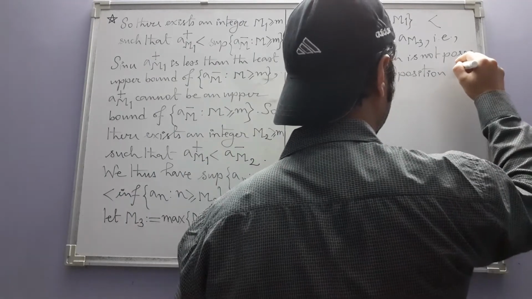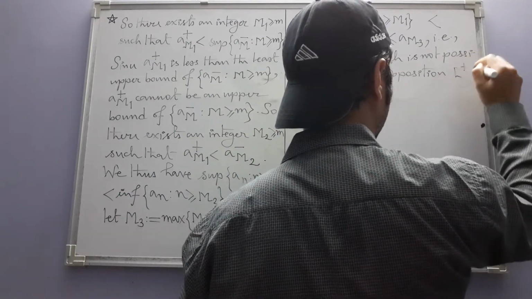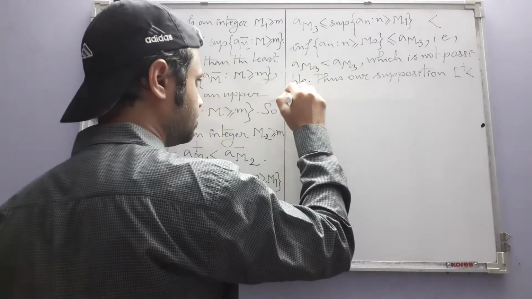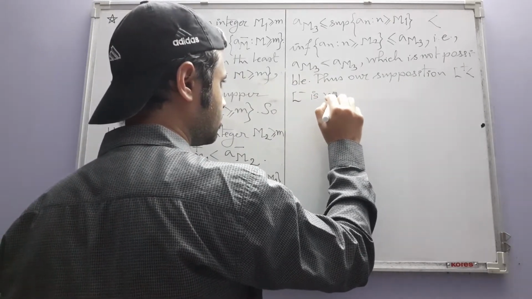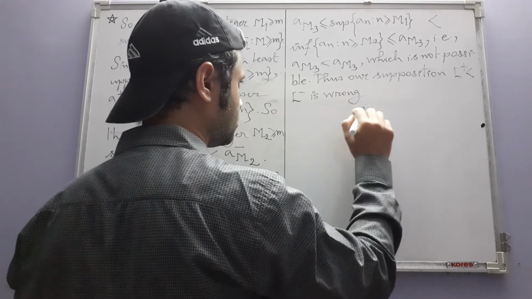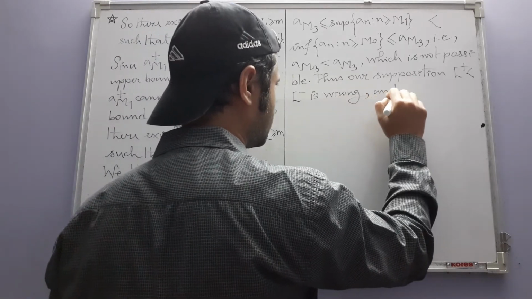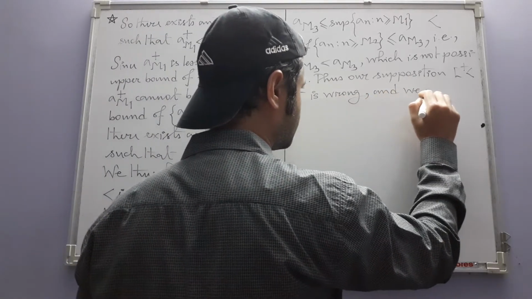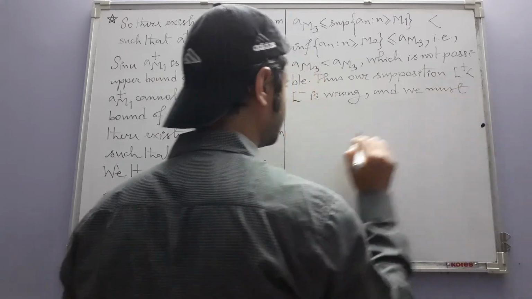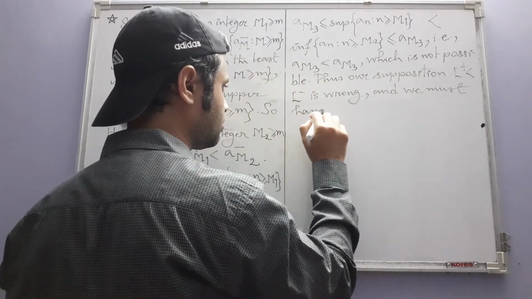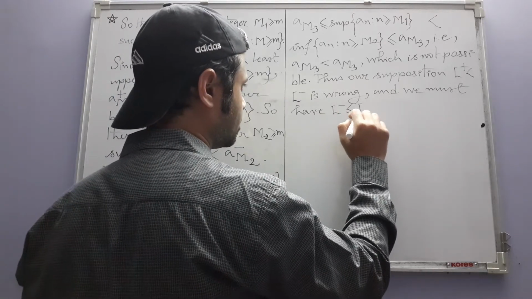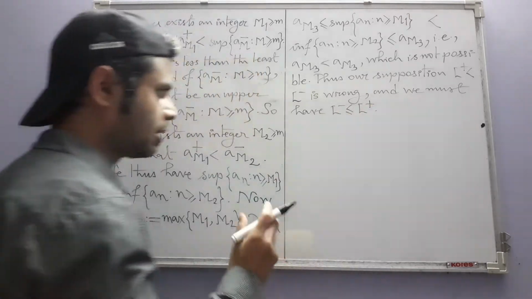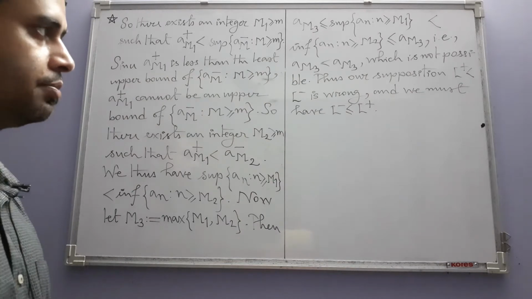Thus our supposition that L plus is less than L minus is wrong, and we must have L minus less than or equal to L plus. So that is our middle inequality.